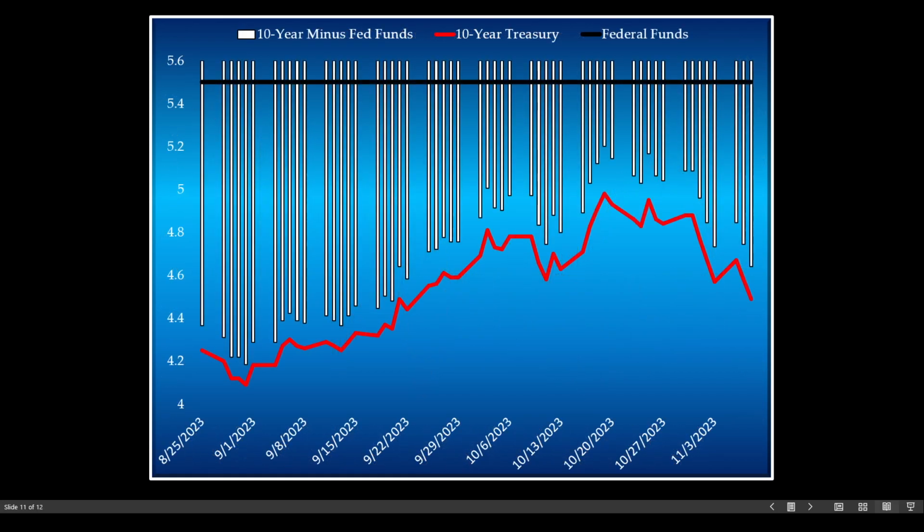Zooming in now where we stand, this is the 10-year bond. That's the red line. The federal funds rate's at a static 5.5%, and the white histogram bar shows the divergence between the two. So the 10-year bond is moving up, obviously, in anticipation of higher interest rates, lots of inflationary pressure, that sort of thing. But what we're really looking for is for the economy to cool.